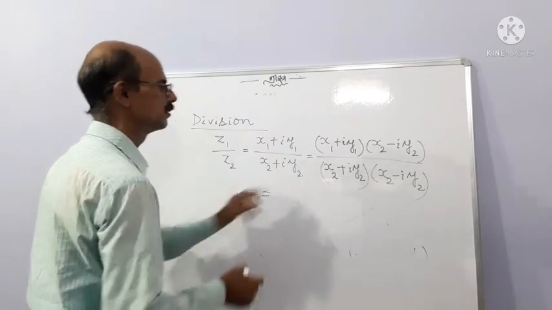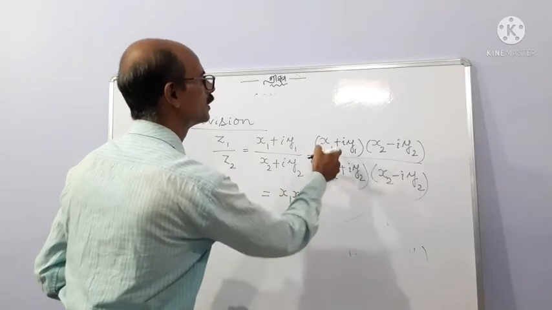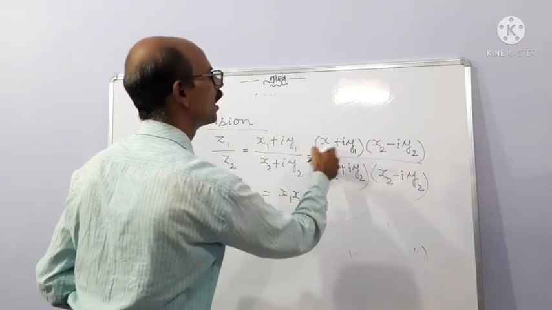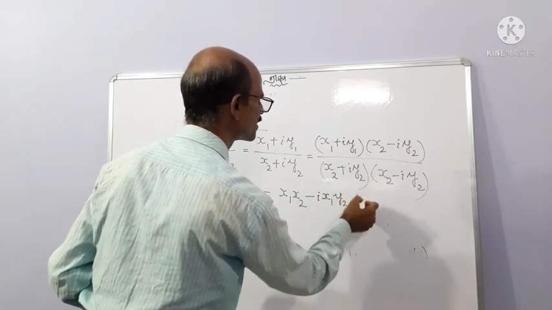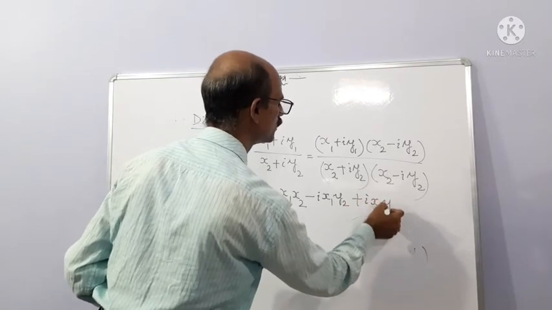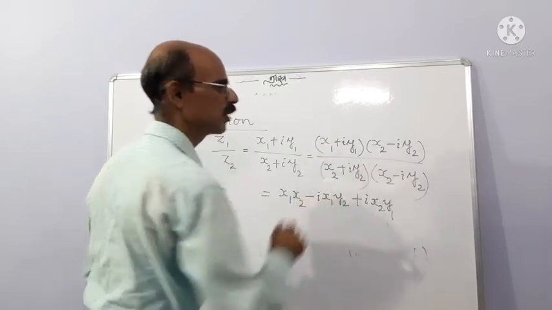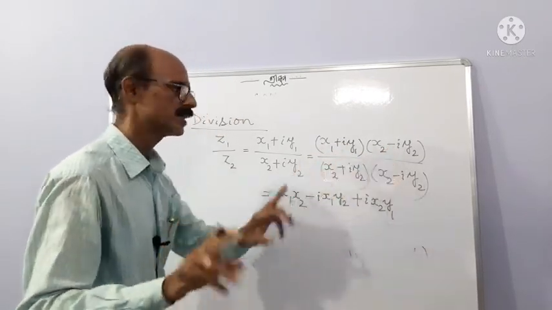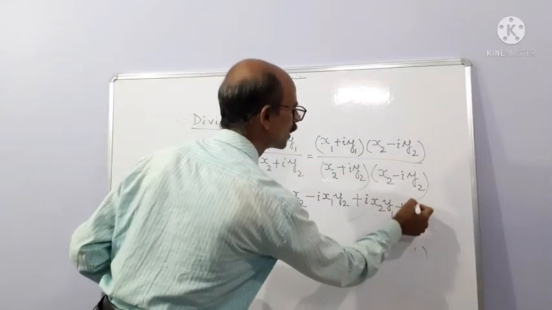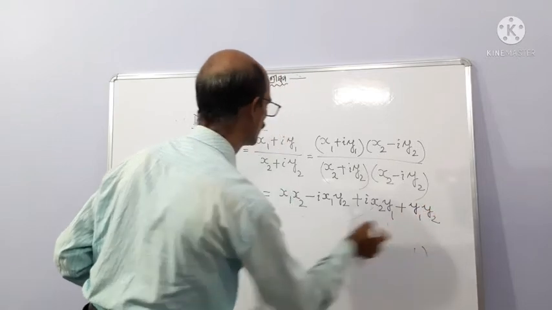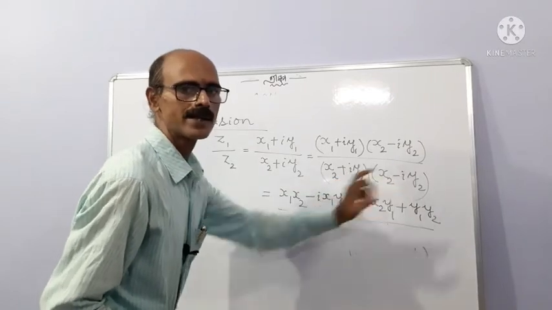It will give us x1 x2, then minus i x1 y2, plus i x2 y1, i into i y1 y2 is i square, it is minus 1 and this minus, so plus y1 y2, divided by, this is in the form a plus b into a minus b.